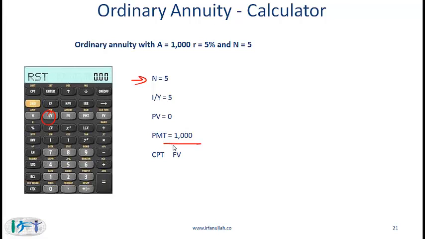That's the equal payment happening at the end of every period. And then you compute future value, and the answer that you should get is the same as what we've seen on the previous two slides. You should get 5525.6. And again, this is what you should do on the exam, because this is the fastest method and doesn't require you to memorize the annuity formula.